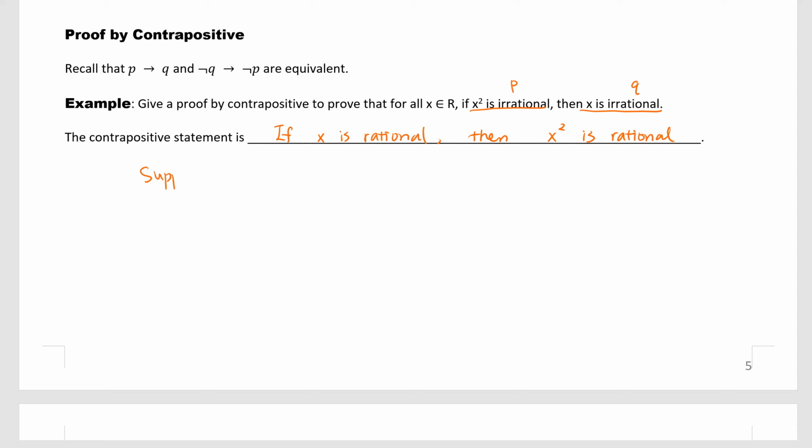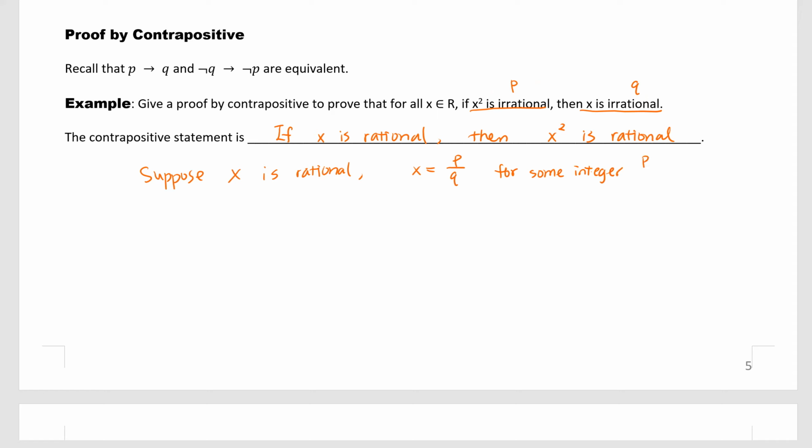So suppose x is rational. What does that mean? We know x equals p over q. A bit of notation: I still use p and q here, so they are integers, not propositions, for some integers p and q.